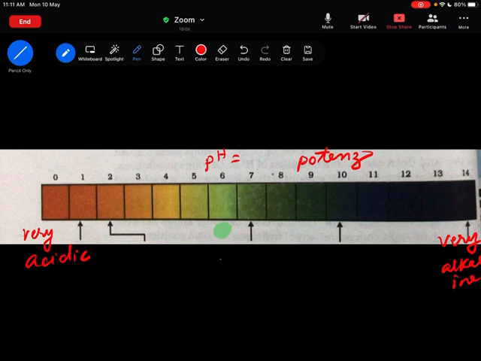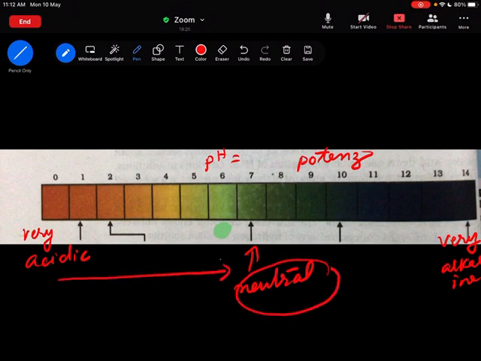pH 7 means neutral. So our color is pH 6. So this is less acidic. Acidic character decreases in this way and becomes neutral here.